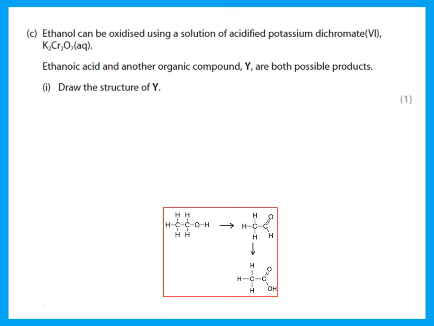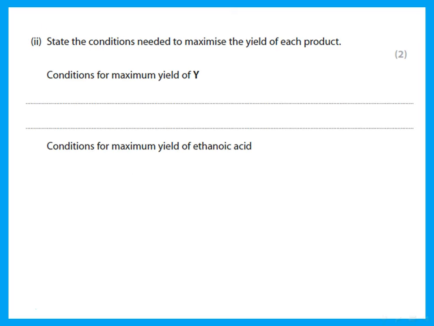Remember, this is a primary alcohol, so if I oxidize it, it will first form the aldehyde, and if we continue to heat it with the oxidizing agent, it eventually gives ethanoic acid, or the carboxylic acid. So he's saying it will give ethanoic acid and something else. Yes, that other thing is the aldehyde. State the conditions needed to maximize the yield of each product.